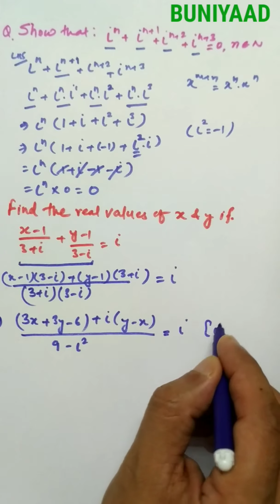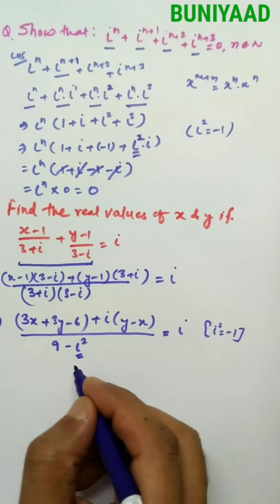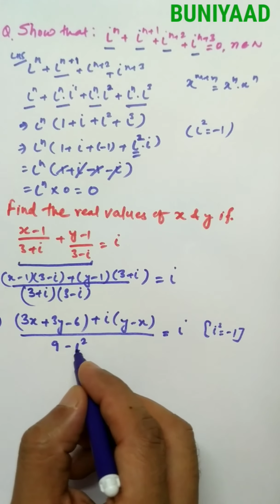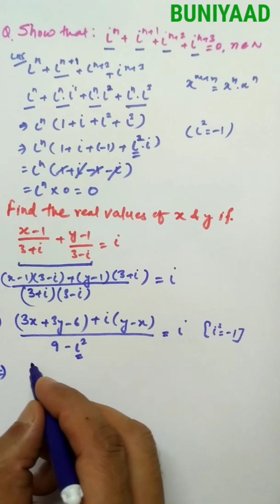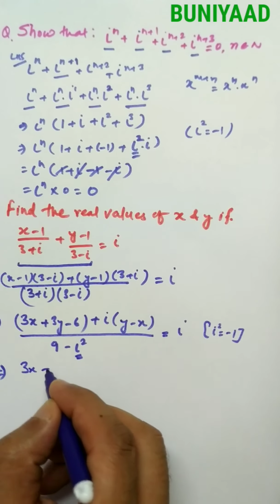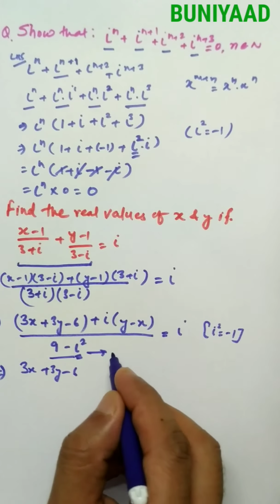You know iota square is -1, so instead of iota square you can put -1, and this minus this makes plus 10. So now the equation becomes (3x plus 3y minus 6) upon 10, right?